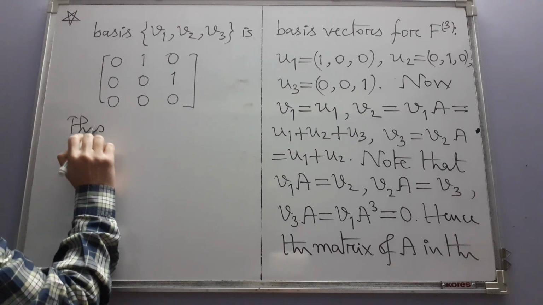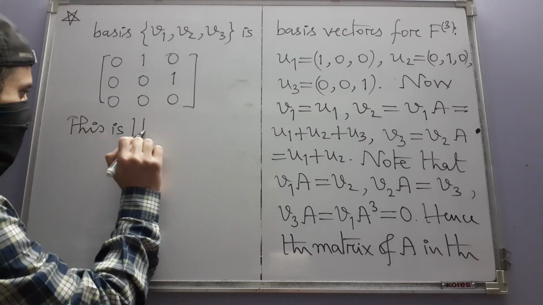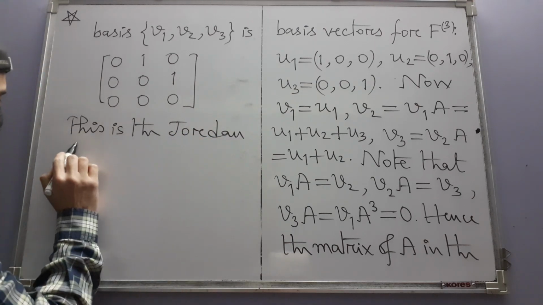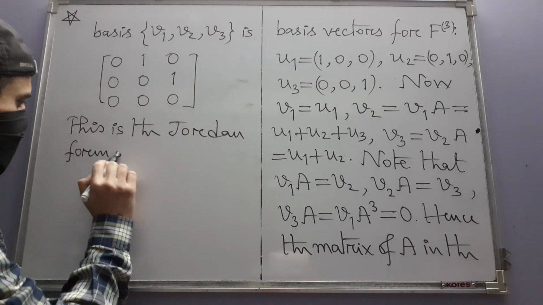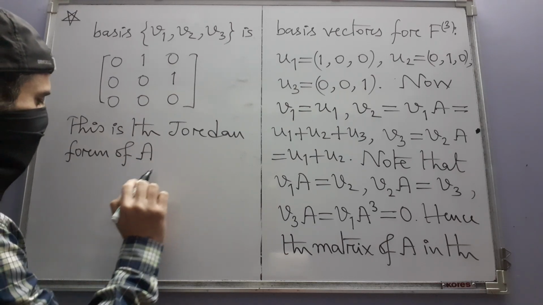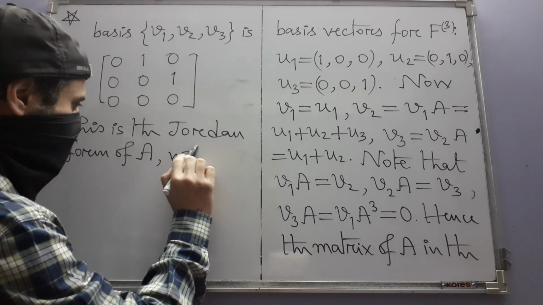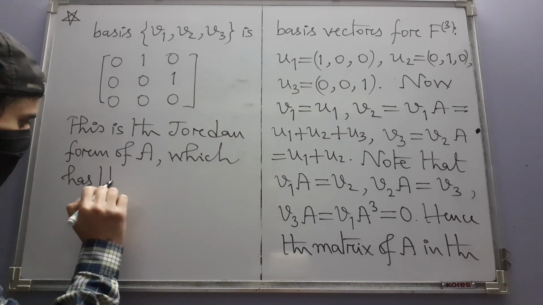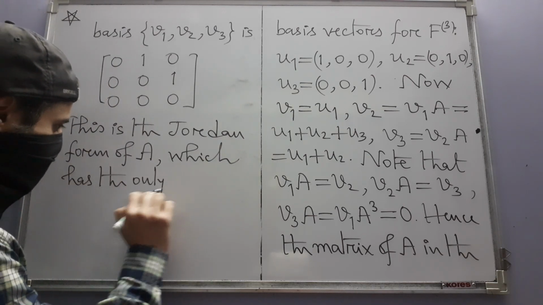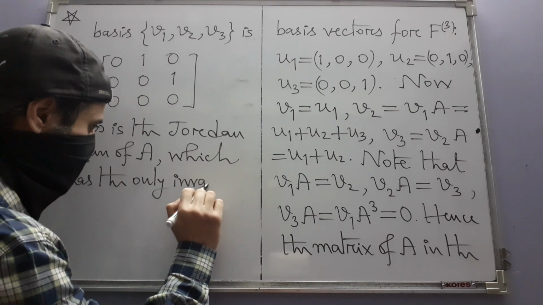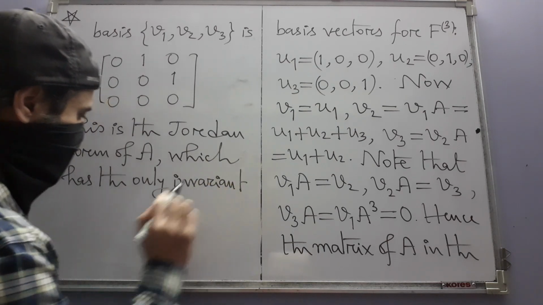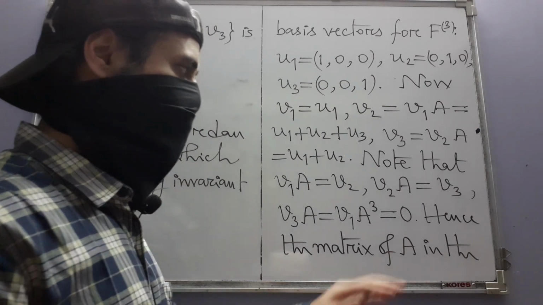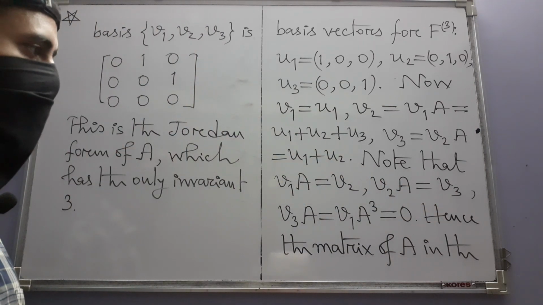This is the Jordan form of A, which has the only invariant three.